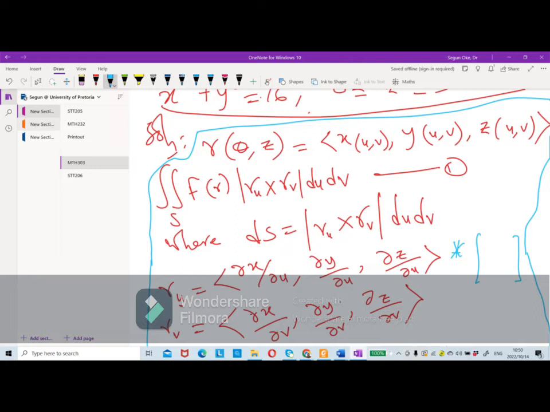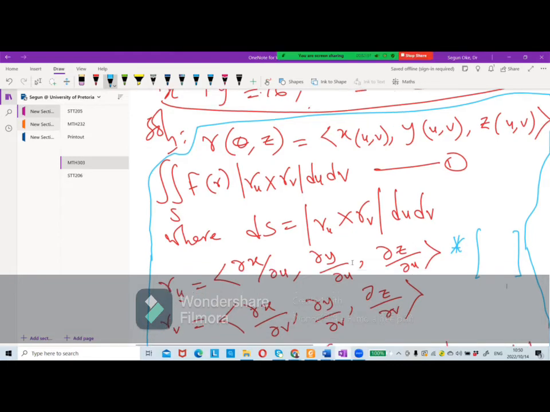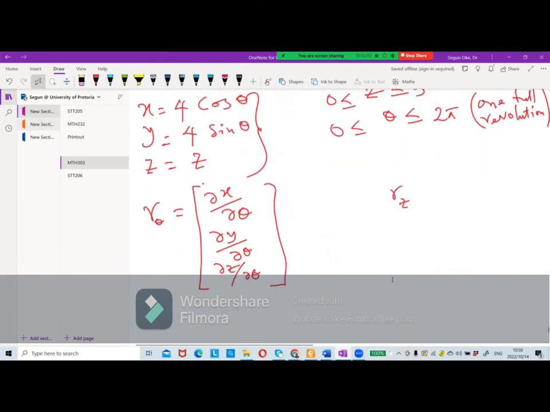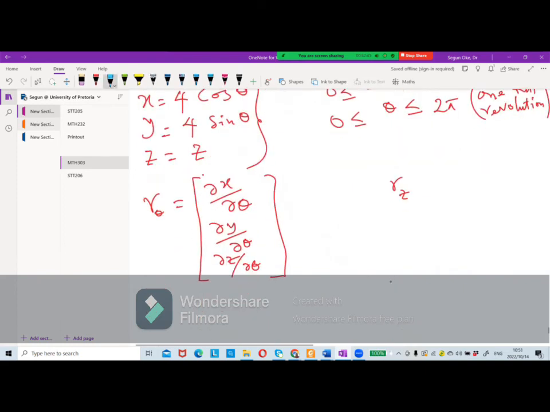I use it as partial X partial theta, partial Y partial theta, partial Z partial theta. Are you getting it now? Yes, sir. For R sub Z, I use it as partial X partial Z, partial Y partial Z, partial Z partial Z. So it's just the same thing. I'm not doing any other thing. I'm just trying to define them first, then I will solve it.